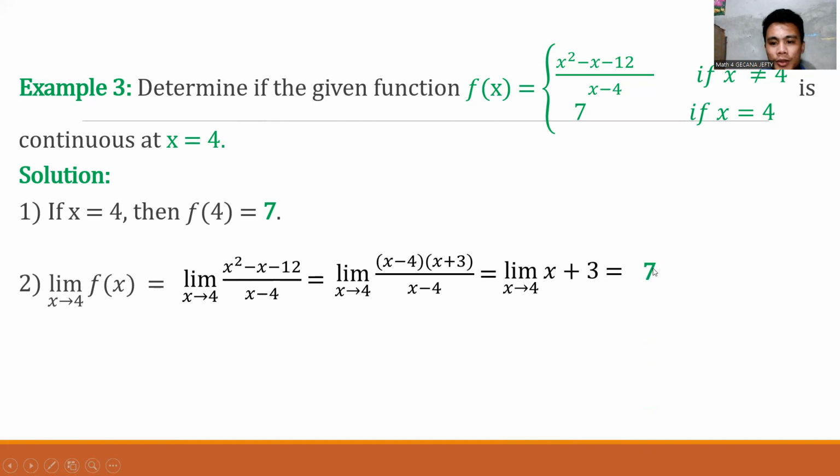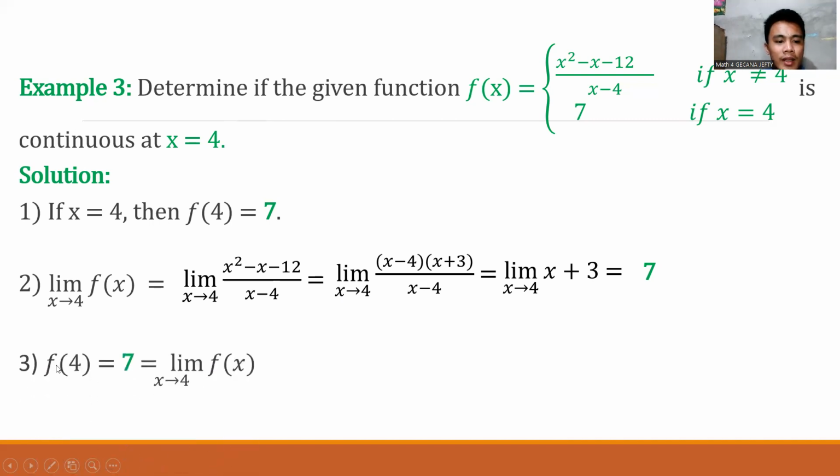Now let's proceed to condition 3. In condition 3, we compare f of 4 to the limit of f of x as x approaches 4. If they are equal, we can conclude that the function is continuous, but if it is not equal, we can say that the function is not continuous.